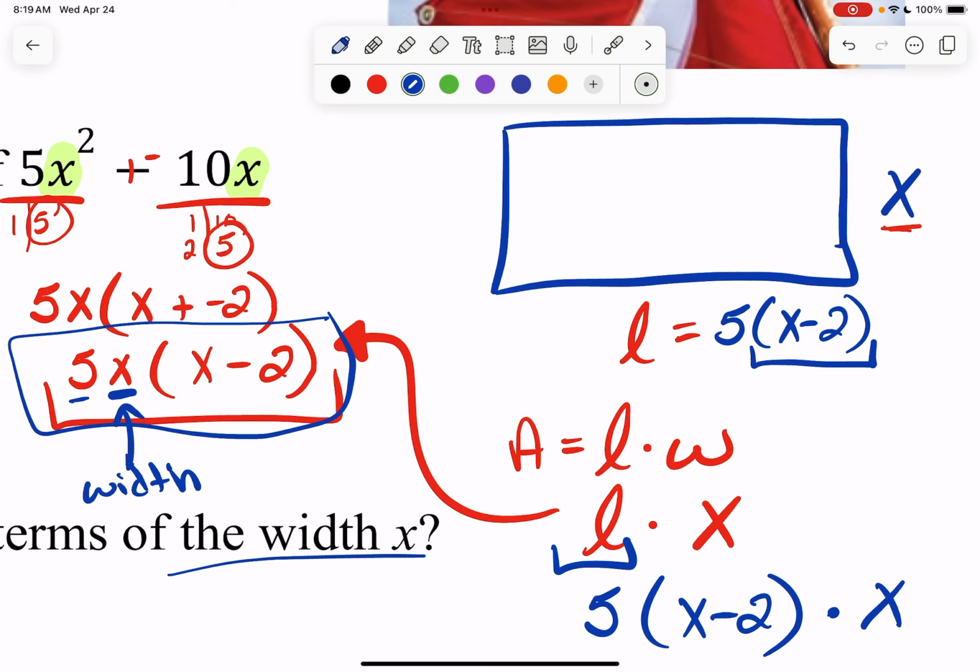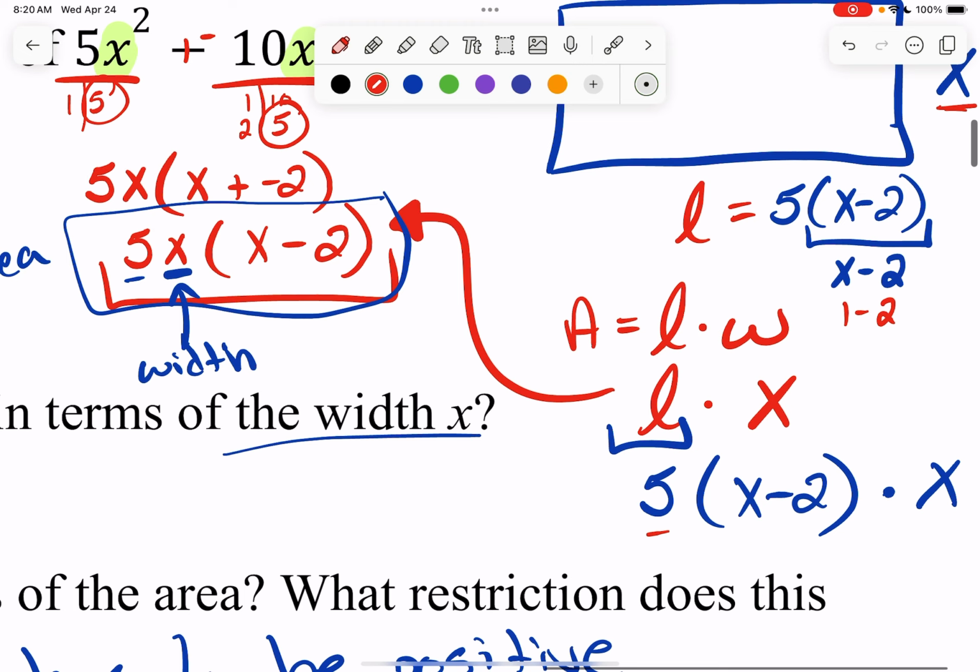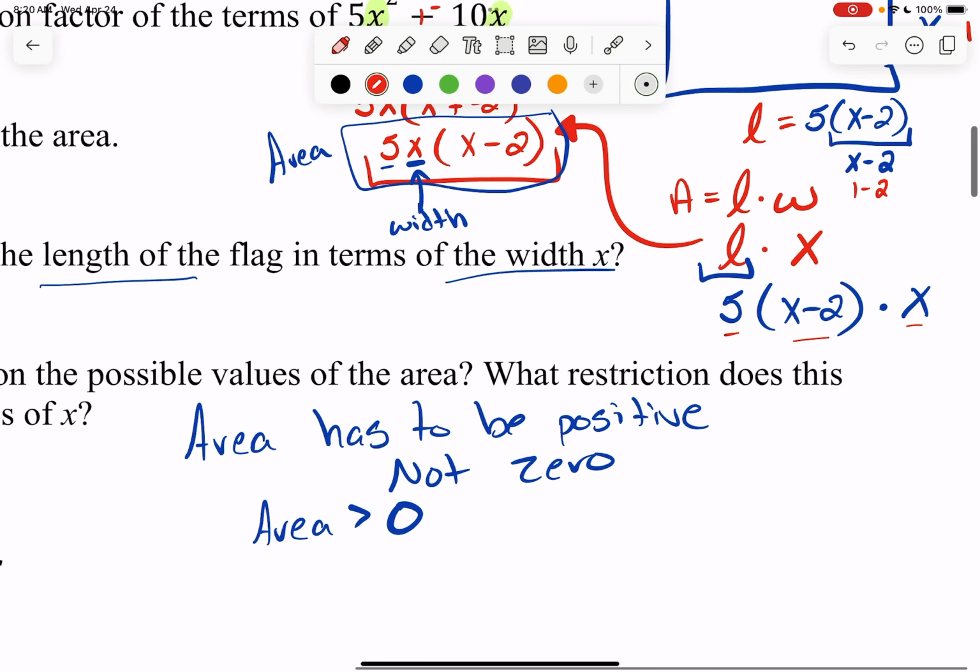We can't have a negative area. Like if I put a 1 in, just thinking of hypotheticals, if x is 1, 1 minus 2 is negative 1. So then I'd end up getting 5 times negative 1 times 1, which is a negative area. An area can't be negative, which means my x can't be 1.